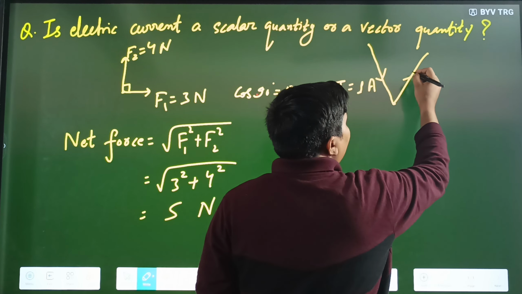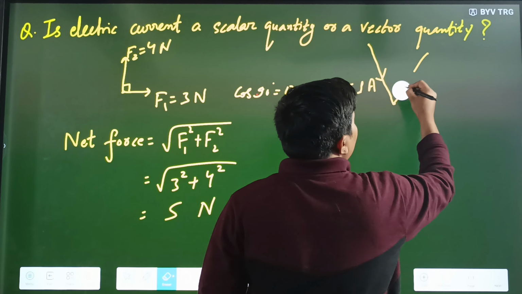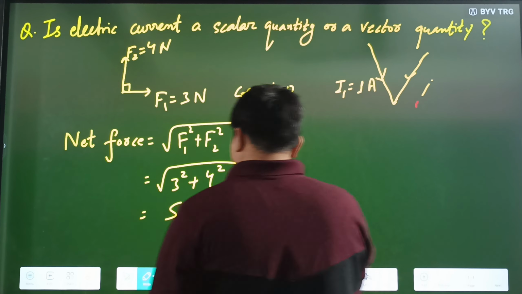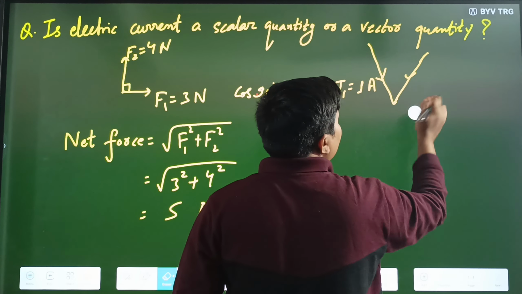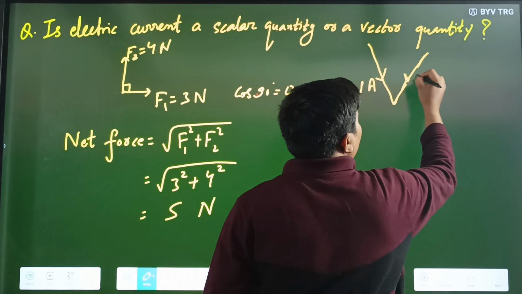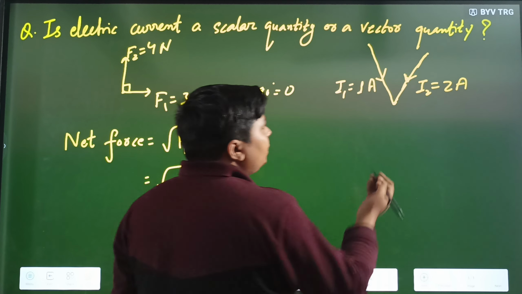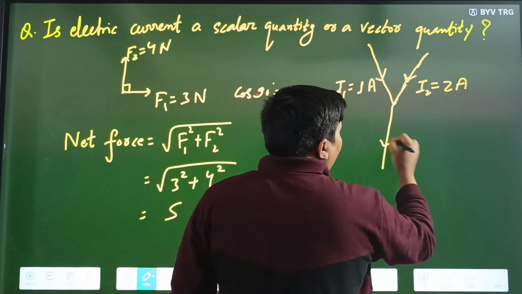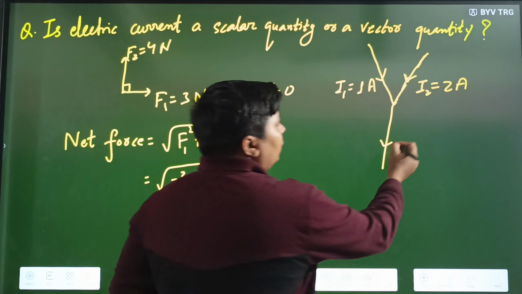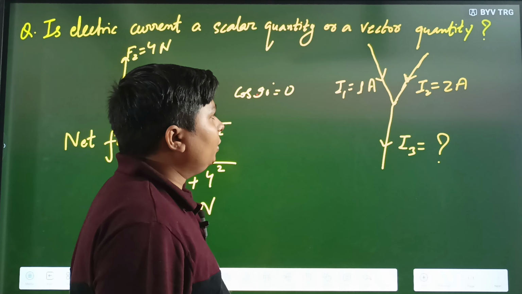Also, in a second wire, electric current is coming towards this node, I2 is equal to 2 ampere. Now there is a third wire, and in this third wire the current is going away from the node, and we have to find the value of this current I3.